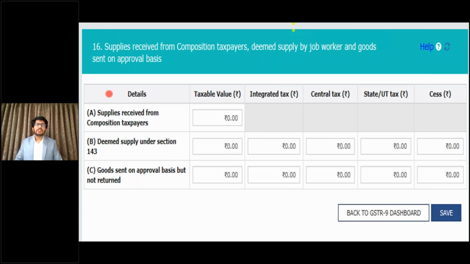Table 16 deals with composition taxpayers, deemed supply by job workers and goods sent on approval basis. This information is required to determine whether there is any liability under these categories.